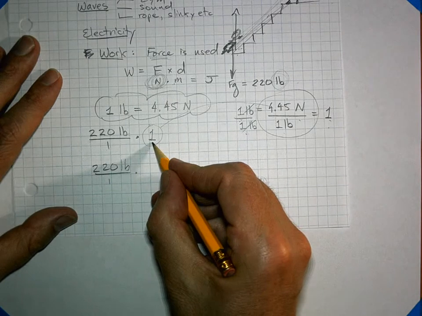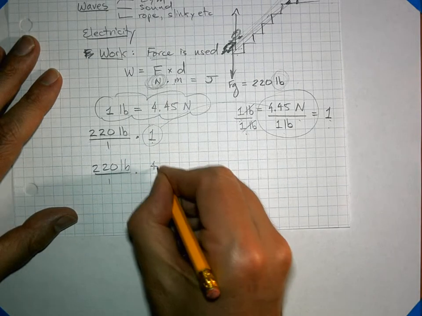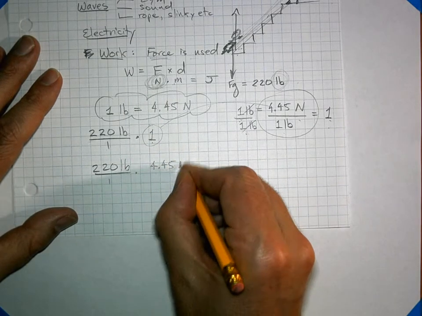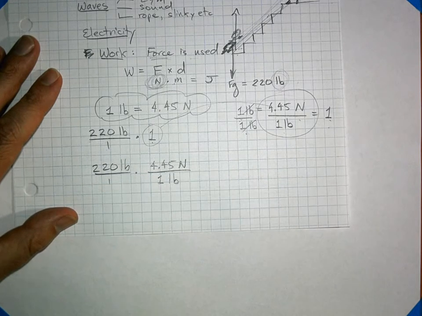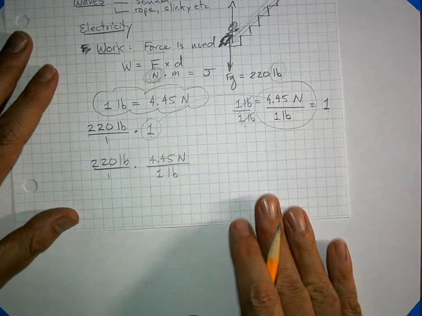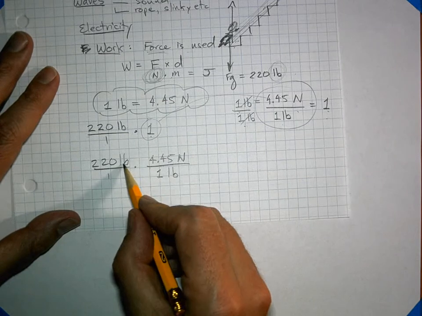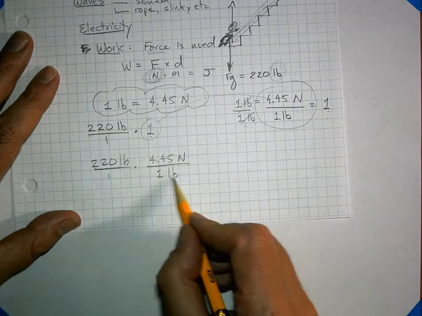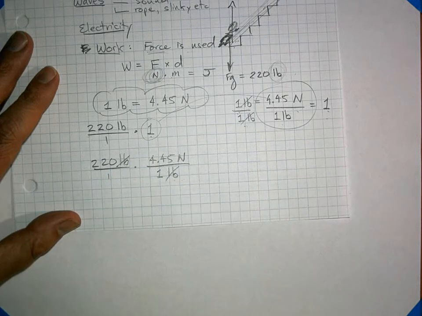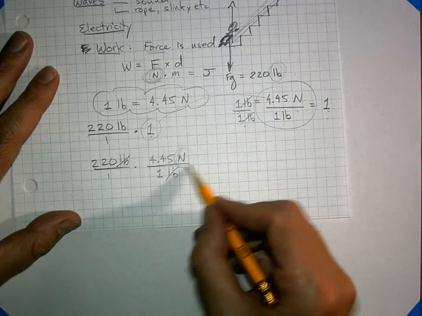Instead of multiplying by 1, I'm going to multiply by 1 this way, saying 4.45 newtons over 1 pound. And now, notice that the pounds, what is a pound divided by a pound? It cancels out. And the only unit that's left here is newtons.